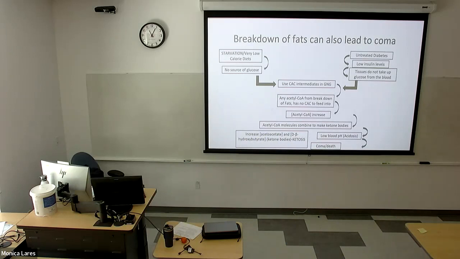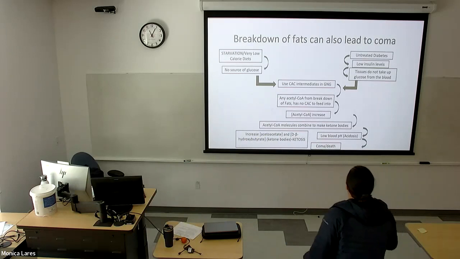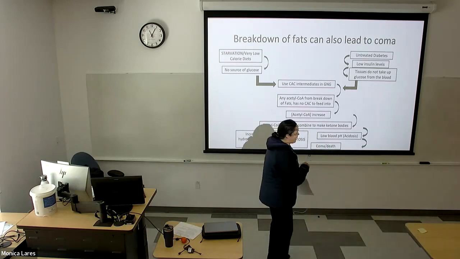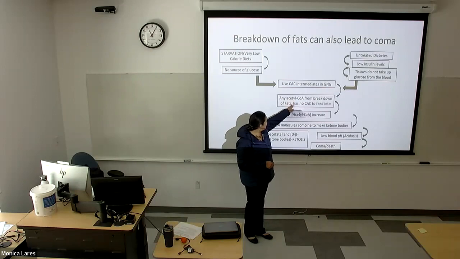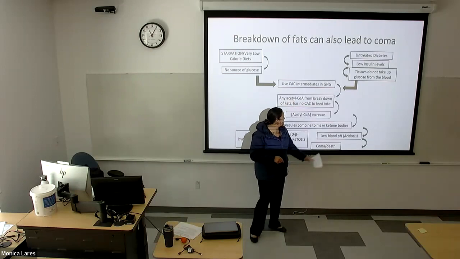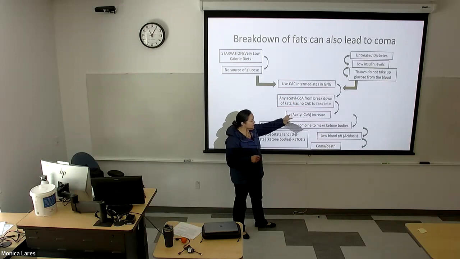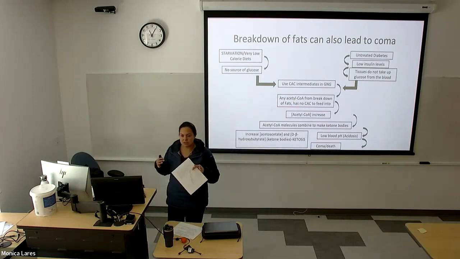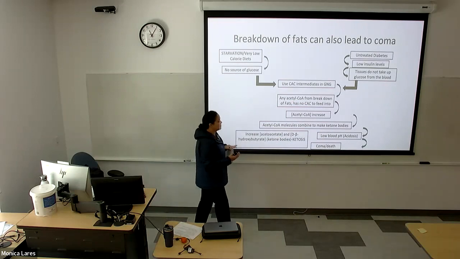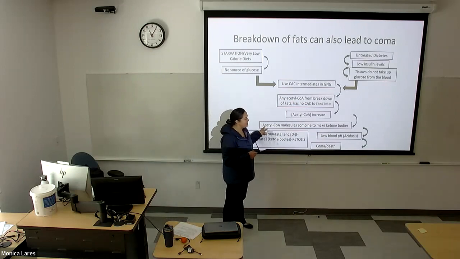So the acetyl-CoA coming from the breakdown of fats is not going to have very much oxaloacetate to combine with, because it's getting pulled off for gluconeogenesis. Those acetyl-CoAs have no citric acid cycle to feed into, so the concentration of acetyl-CoA starts to build up.